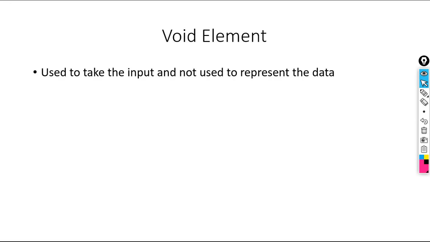Let's understand. Another type is void element. Let's understand why we use void element. Void element is used to take the input and not used to represent the data. Let me repeat once again because this is very important point.